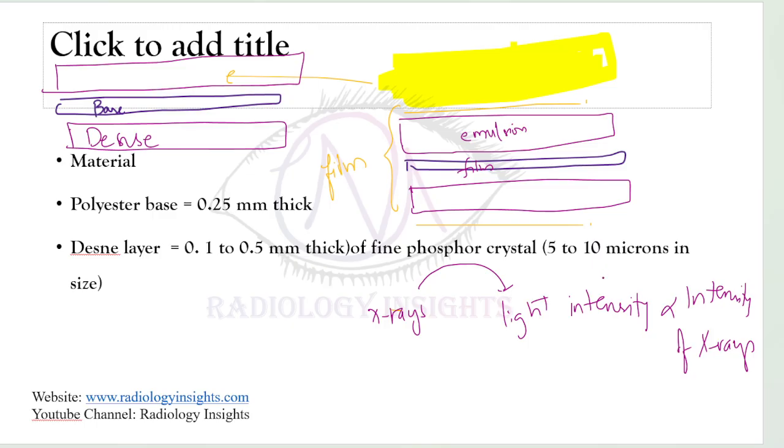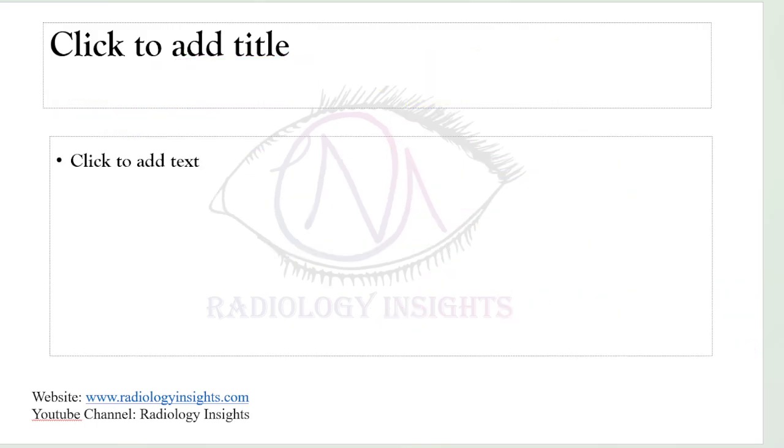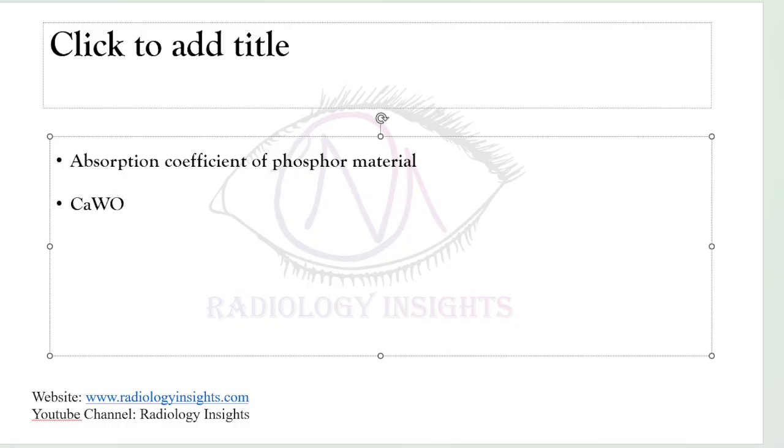The photon absorption in the screen is determined by the absorption coefficient of the phosphor material, which is very important. The traditional phosphor used in radiography is calcium tungstate, a material that emits blue light when irradiated with X-rays.